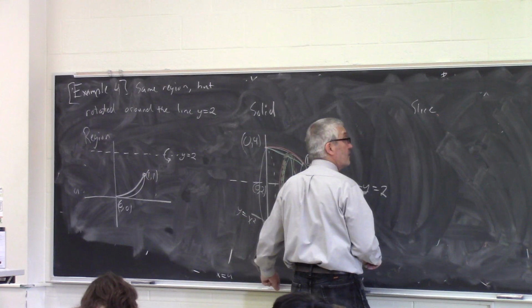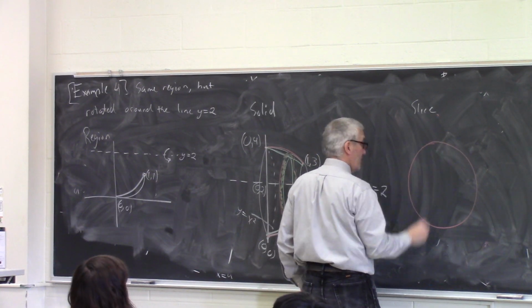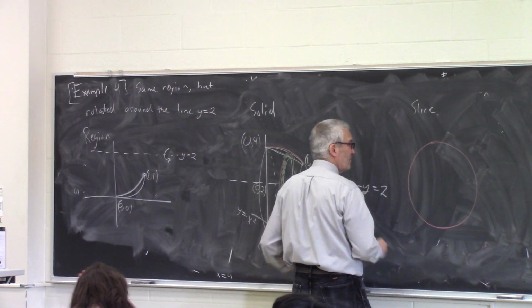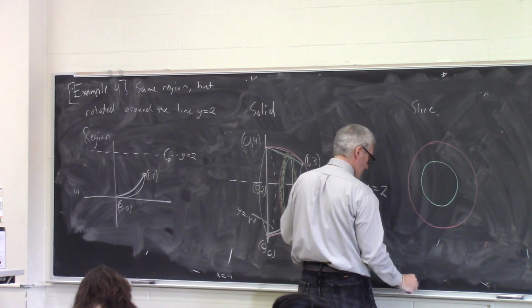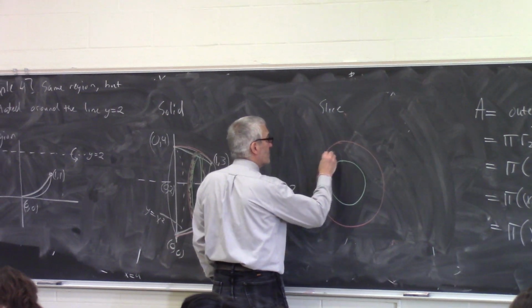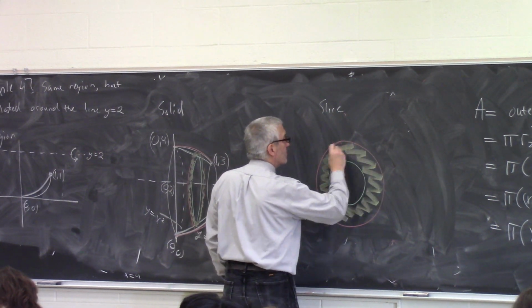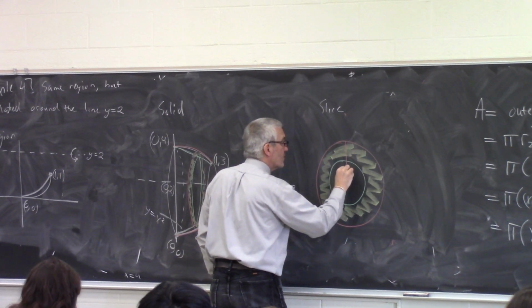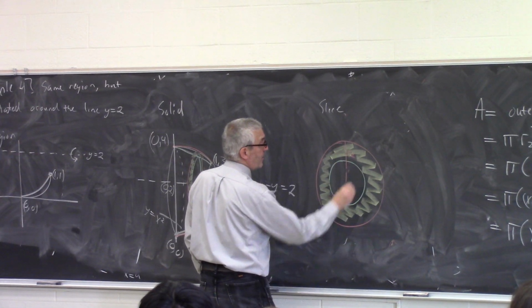Slice is going to be a washer again. So I'm going to have an outer radius that I'm going to color red.